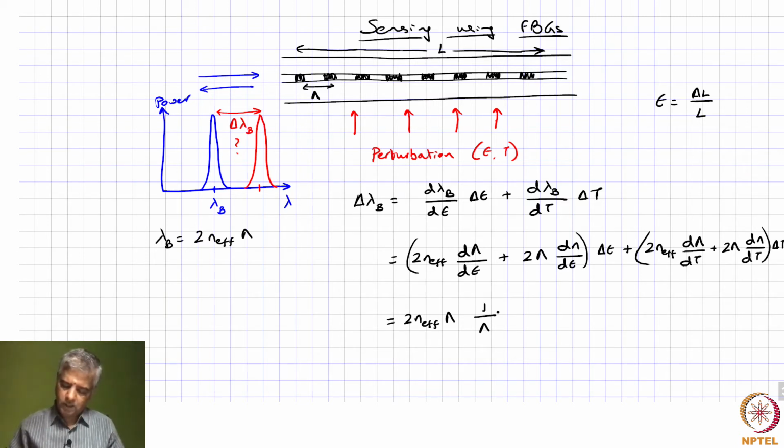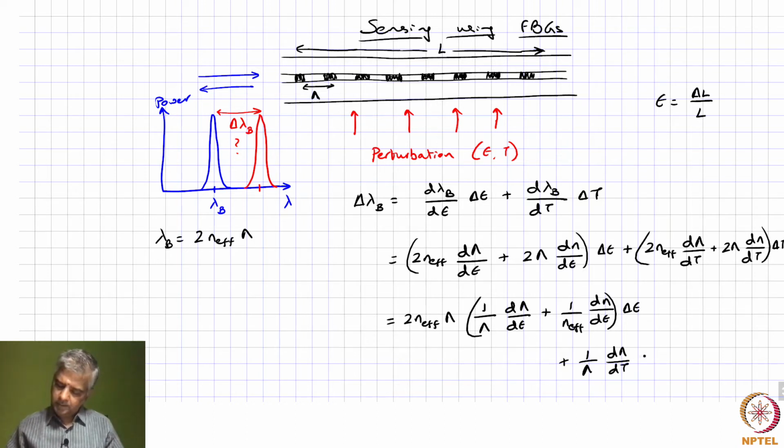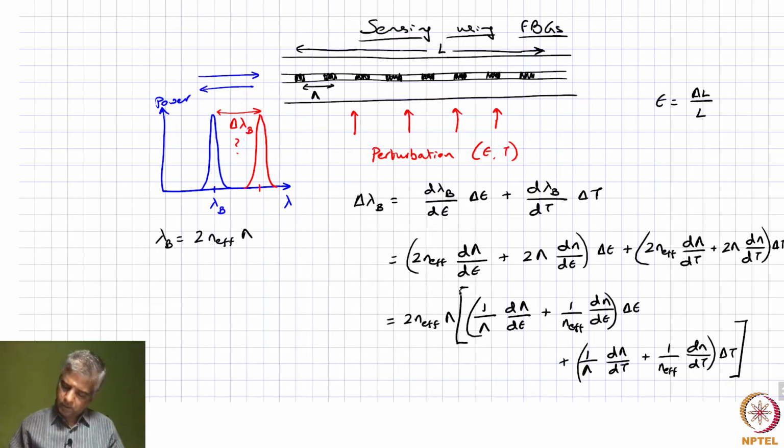Then the first term will be 1 over capital lambda d capital lambda over d epsilon plus 1 over n effective dn over d epsilon multiplied by delta epsilon, plus similarly you have 1 over capital lambda d capital lambda over dT plus 1 over n effective dn over dT, whole thing multiplied by delta T, and this appears as a common term.